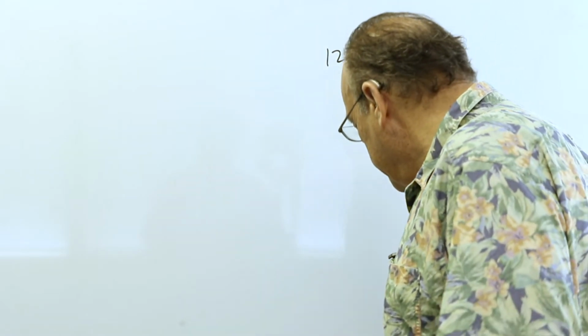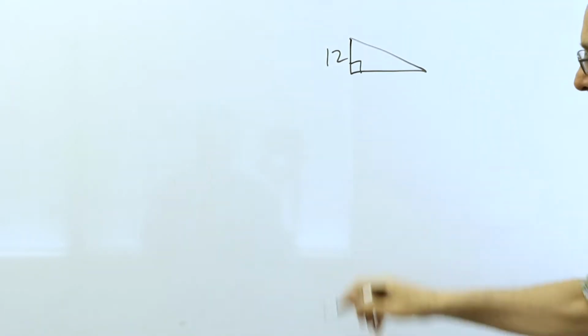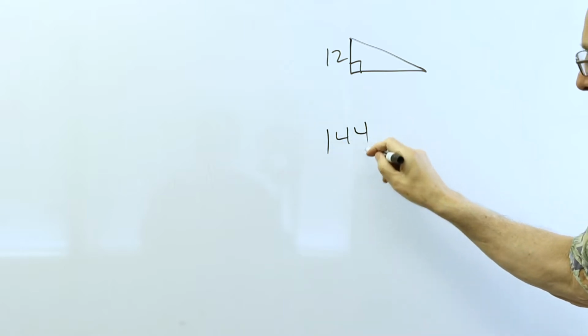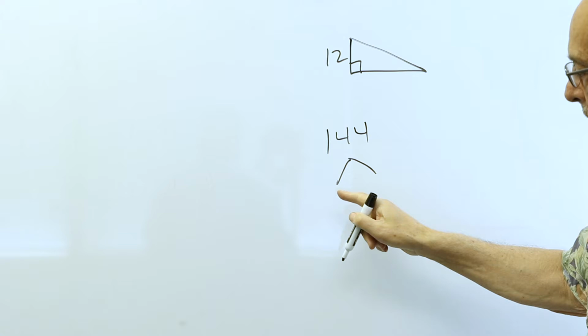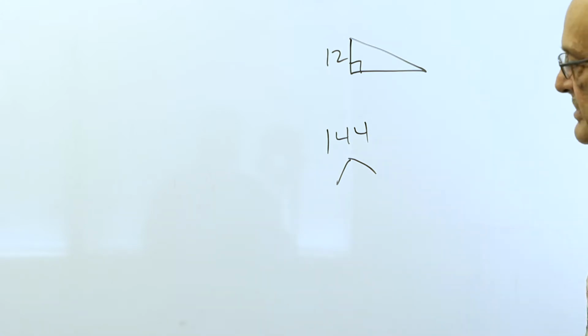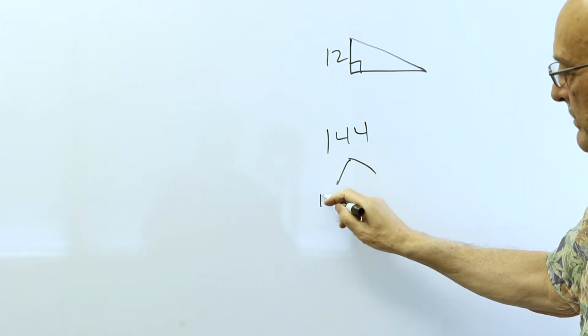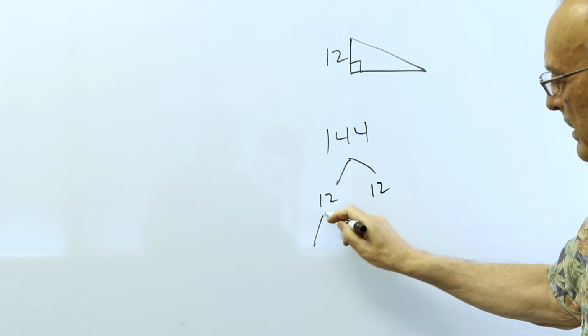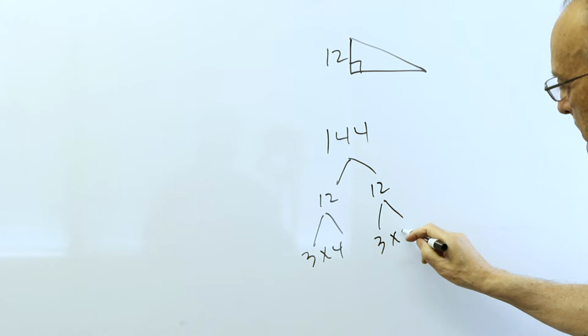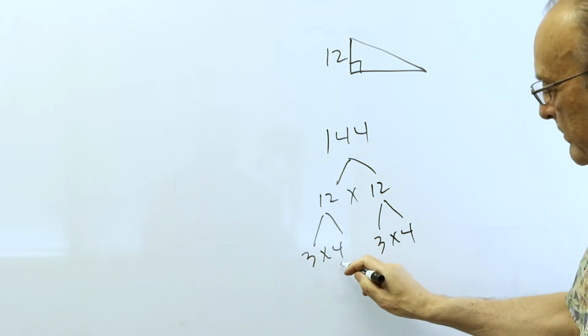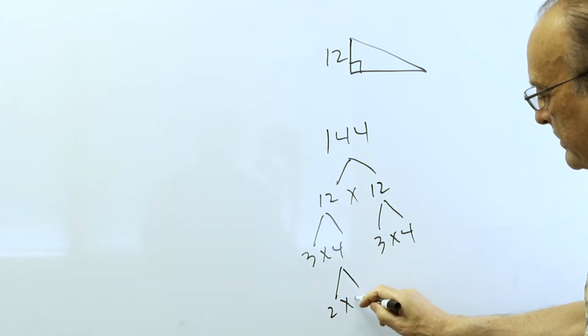We're going to start by making a factor tree. So you take 144, and you can separate it. It doesn't matter how you start. We're going to end up with the same prime factorization, but we're going to start with 12 times 12, and then go 3 times 4. Again, 3 times 4. And then 4 is 2 times 2.